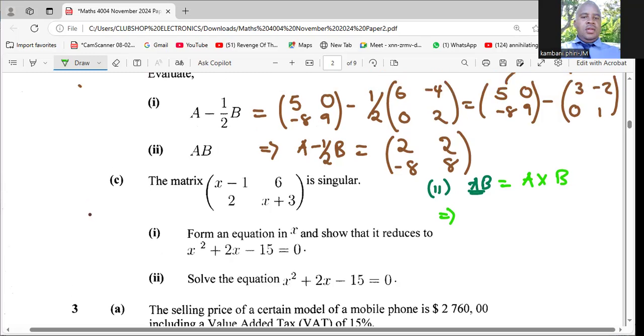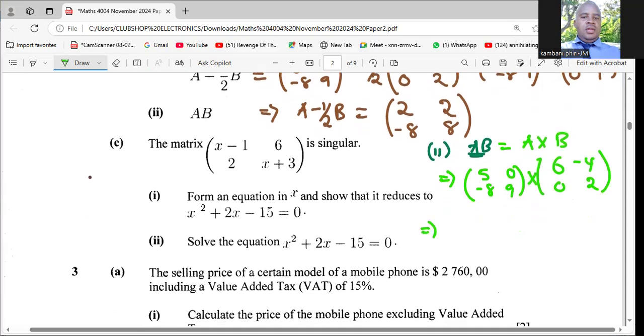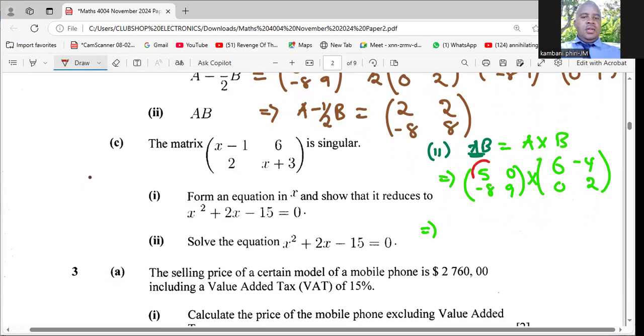Our A is 5, negative 8, 0, 9 times our B, 6, negative 4, 0, 2. So we multiply, and when we multiply, we follow the row by column. So we are going to have this. You transpose this and multiply with that one. I think that's the best.